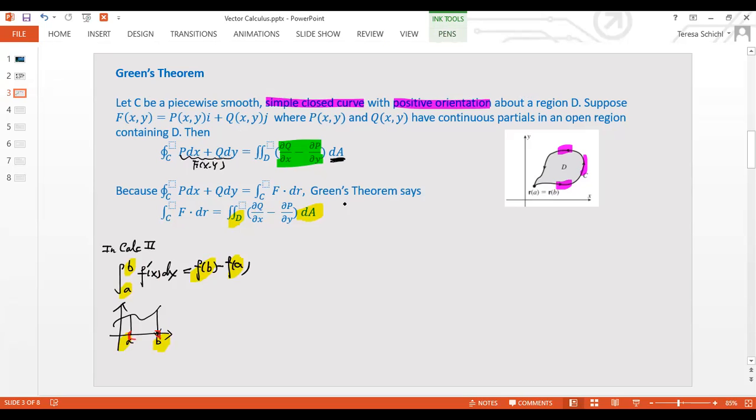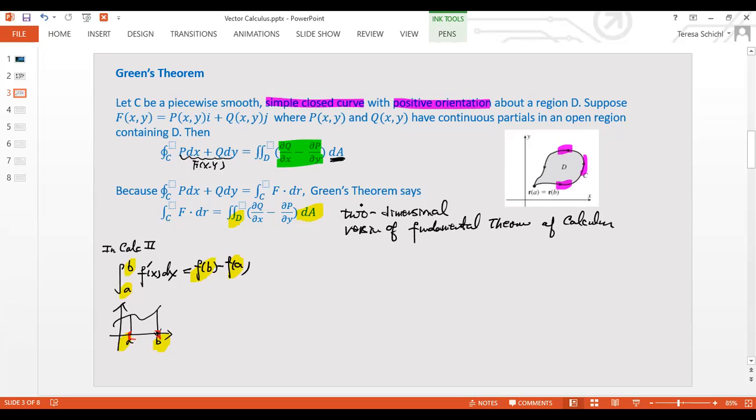We call this the two-dimensional version of the fundamental theorem of calculus.